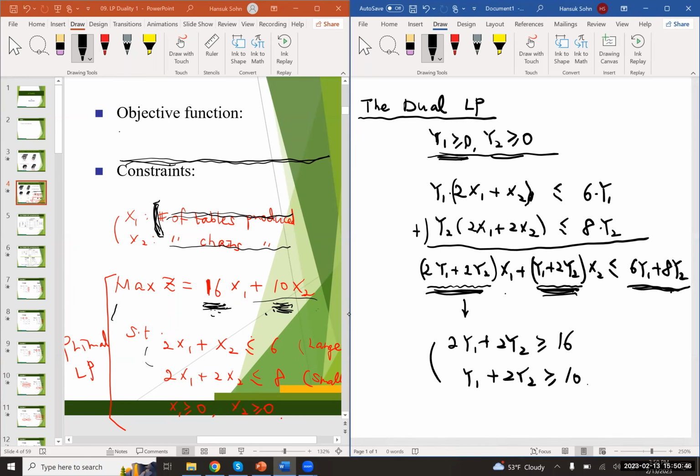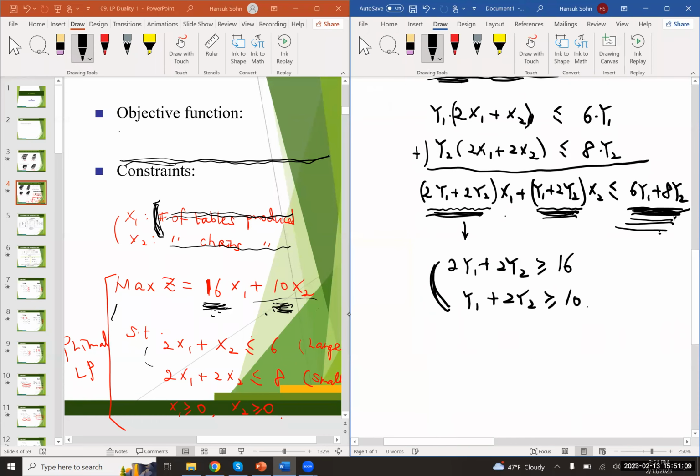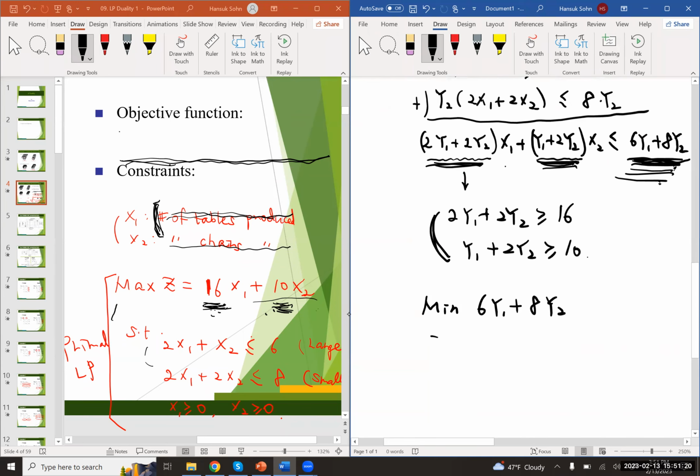If these are satisfied, then the right-hand side value becomes an upper bound to the maximum value the objective function can take. So our goal is to minimize this upper bound, minimize 6y1 plus 8y2, subject to these two constraints.